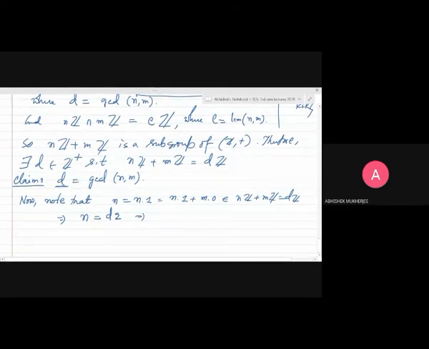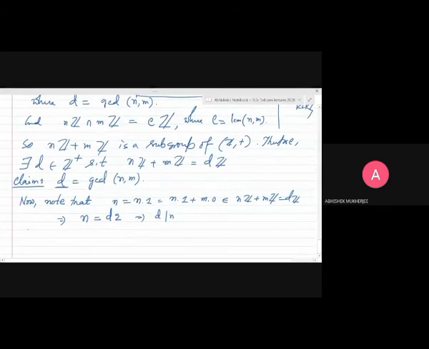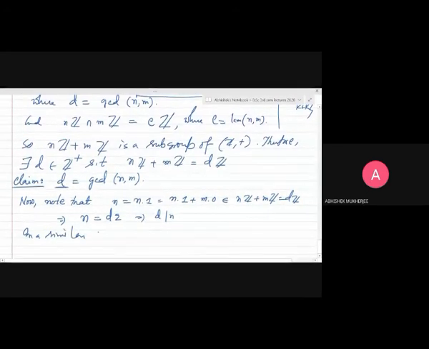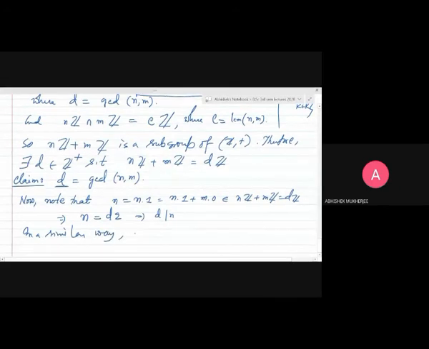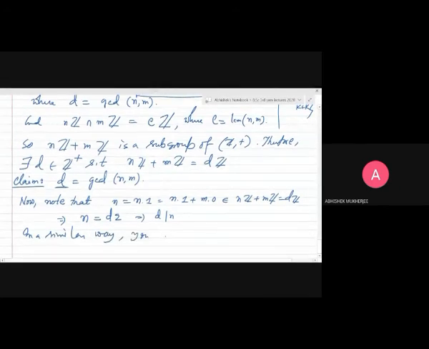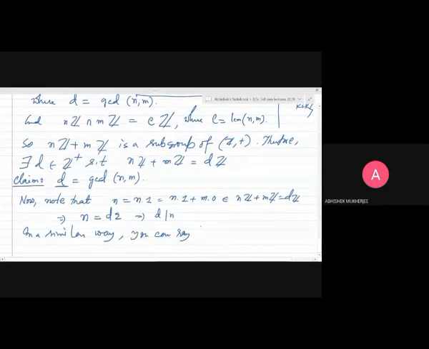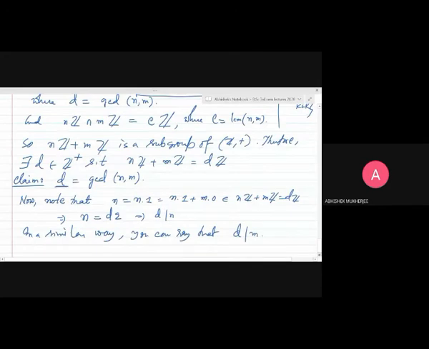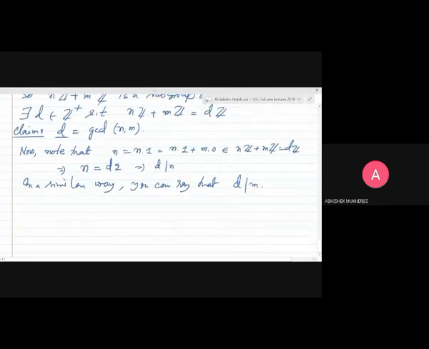This implies d divides m. So in a similar way, you can say that d divides m.